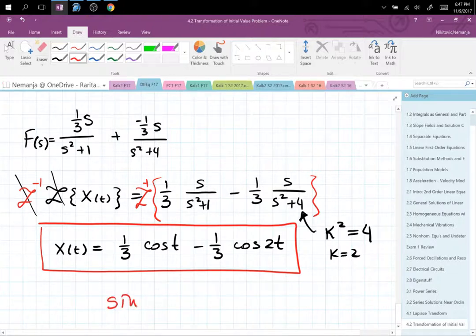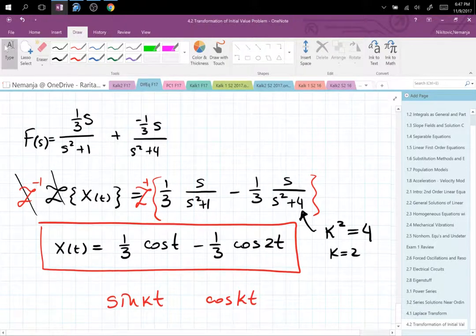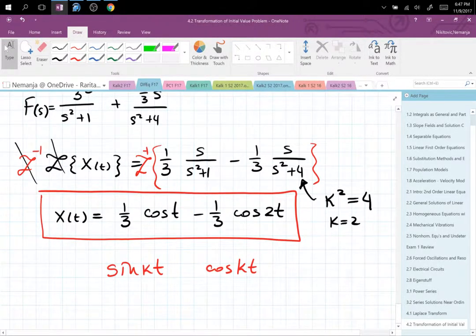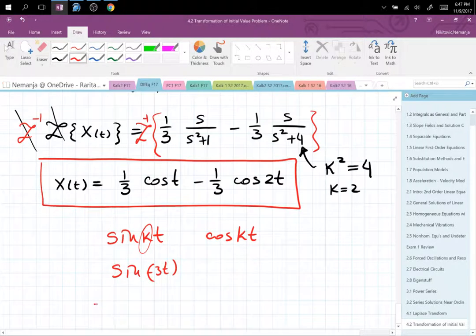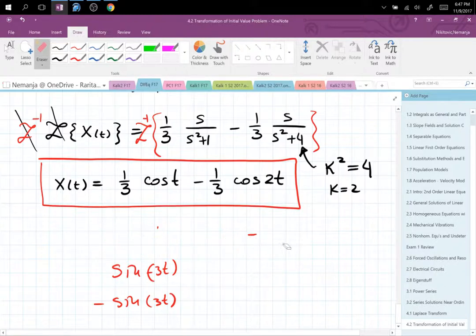It comes from sine kt and cosine kt. Now, if you say that the input was a negative number here, then you would have sine of negative 3t, and that minus would float in front, and you would not be dealing with that minus sign in the end. For cosine, it's an even function, it just dies right off the bat. Good question.